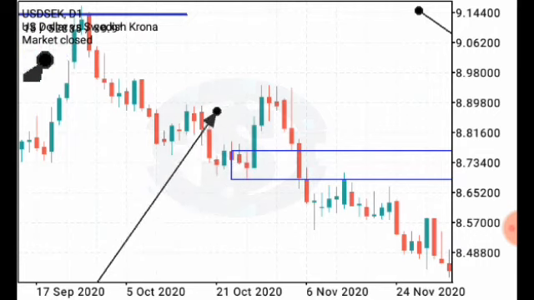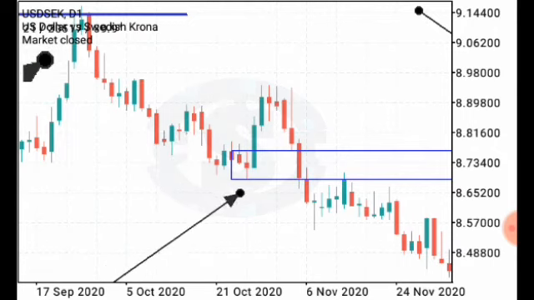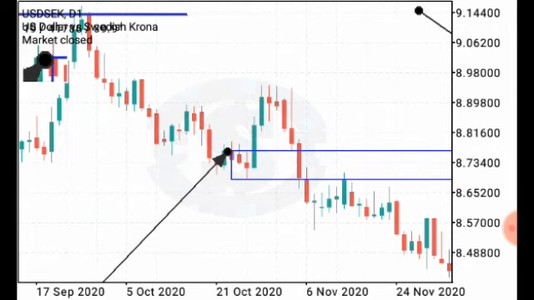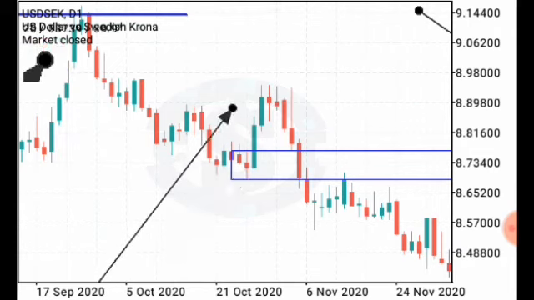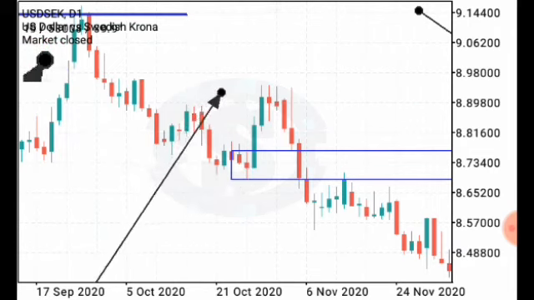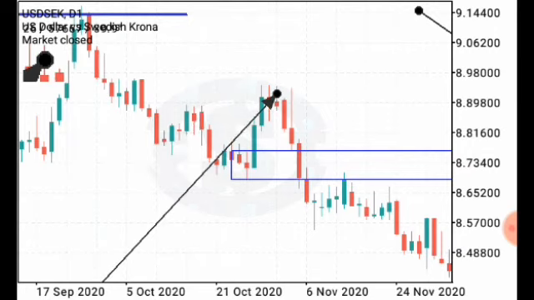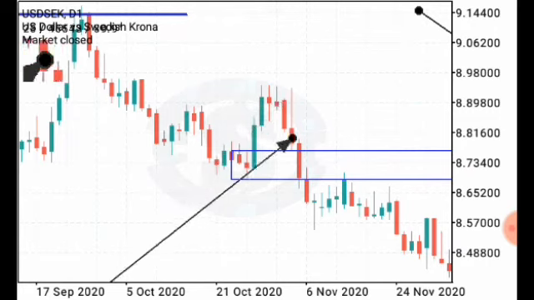The resting above that is going to be buy side liquidity. Anybody who sold here as price was dropping, they're going to be putting their stop loss above there, and that stop loss is a buy side liquidity. So when price went up above that, it triggered those stop losses.